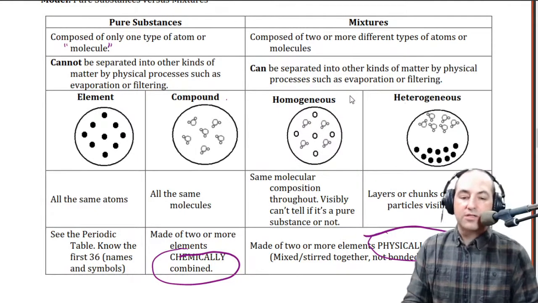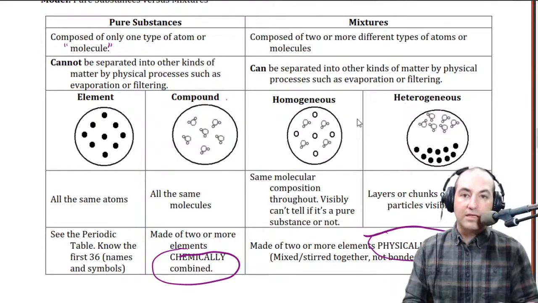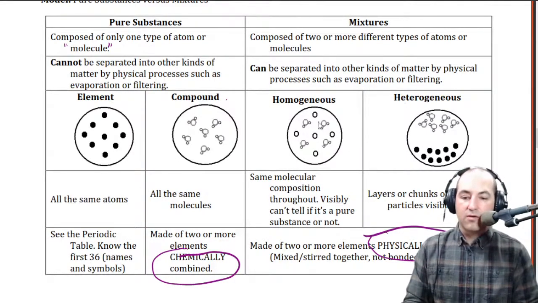And the two types of mixtures are separated more by the visible separation within them, or the existence of domains that can be distinguished. So another way to say that, if you look at the pictures, in a homogeneous mixture, everything is distributed evenly throughout. So the composition is the same throughout.